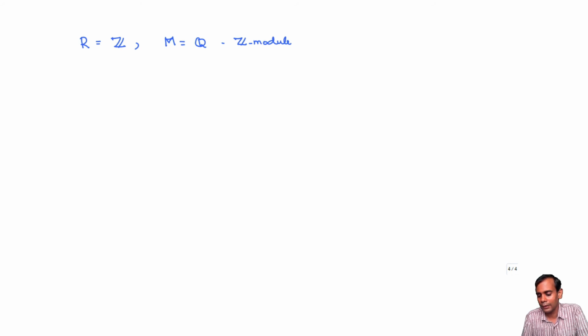Okay, so clearly you can add two rational numbers, you can multiply a rational number by an integer to get another rational number, and that gives the set of rational numbers the structure of an R module. Now I claim that this R module is not Noetherian. How?